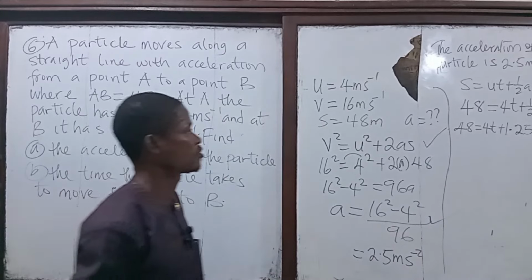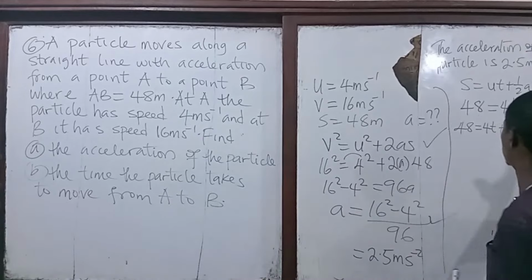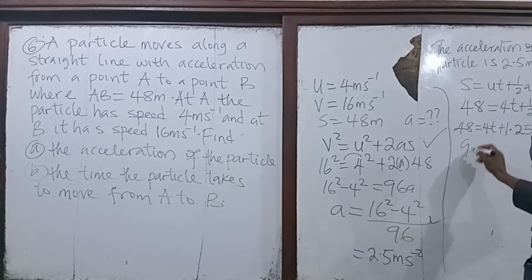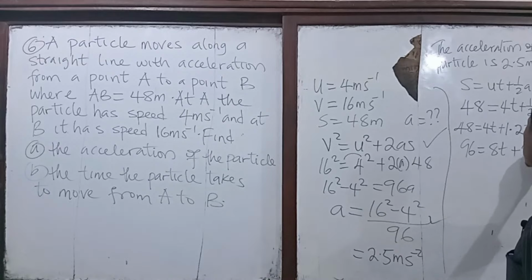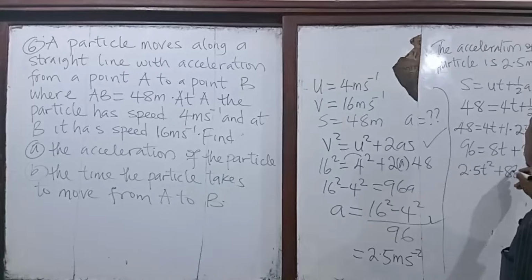Or we can multiply the equation by 2 to avoid this 1.25. We can multiply the equation by 2, and that will be 96 equal to 8t plus 2.5 t squared. And that's equal to what? 2.5 t squared plus 8t minus 96 equal to 0.